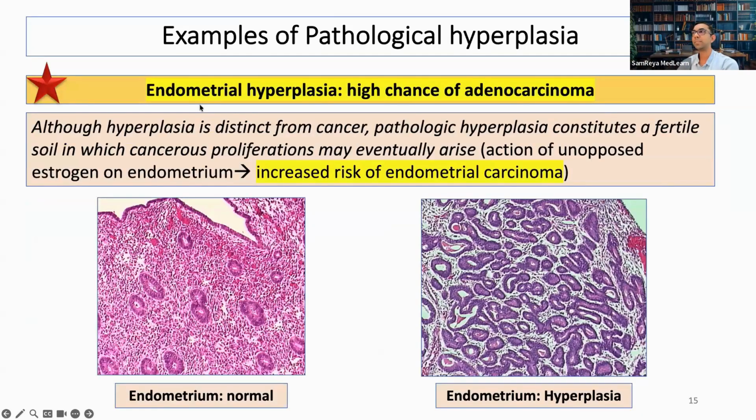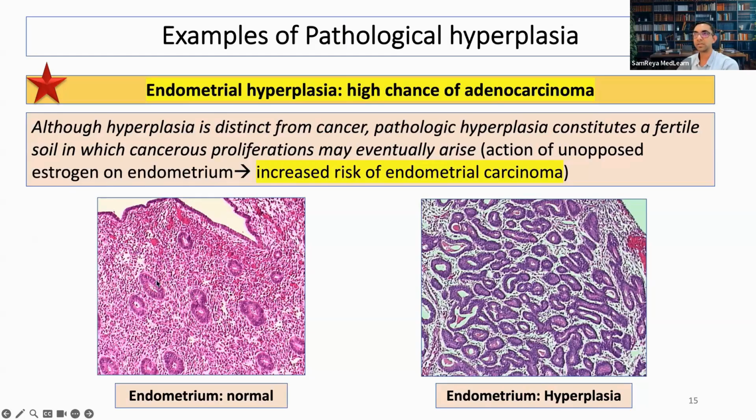So again, please learn this endometrial hyperplasia. Why? Because it has a very high chance of turning into an adenocarcinoma. So there is a very much increased risk of endometrial carcinoma because of that unopposed estrogen action. And what I've done is I have put two pictures here at the same magnification. These are sections from endometrium. So on the left side, you see normal endometrium.